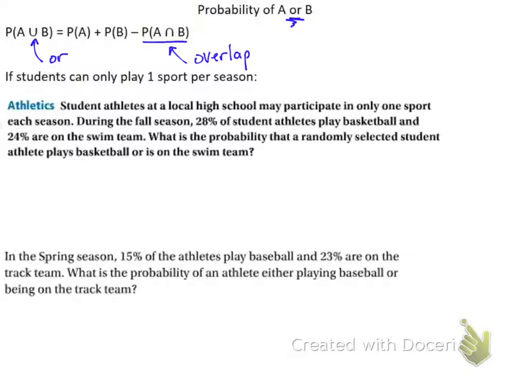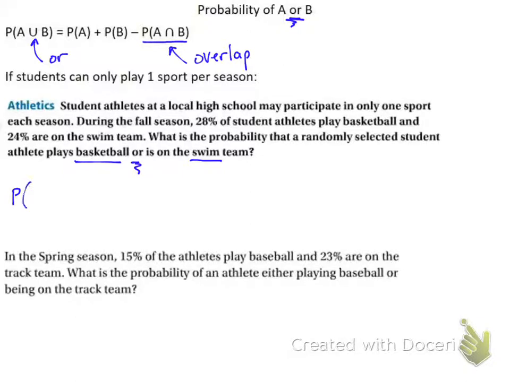And so for these first two problems, we're going to say that a student can only play one sport. So I want to find the probability that a student plays basketball or is on the swim team. Since basketball and swim team are in the same season, we know he can't do both.